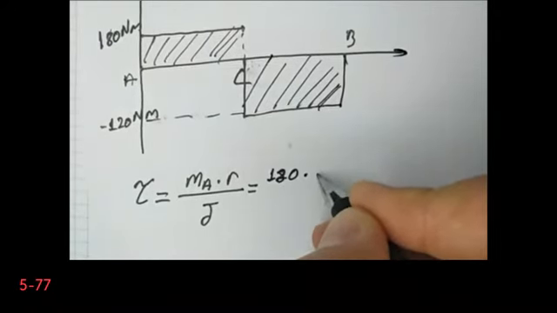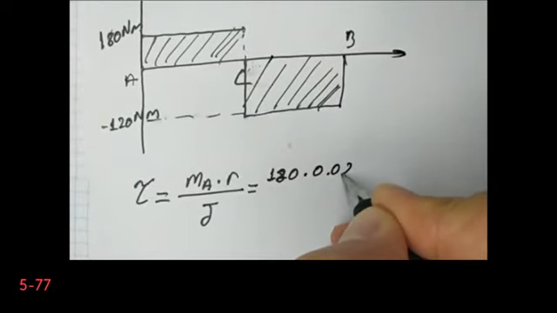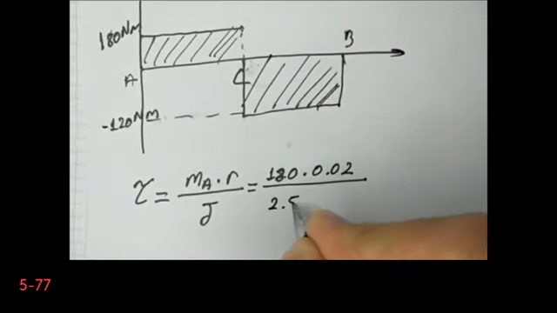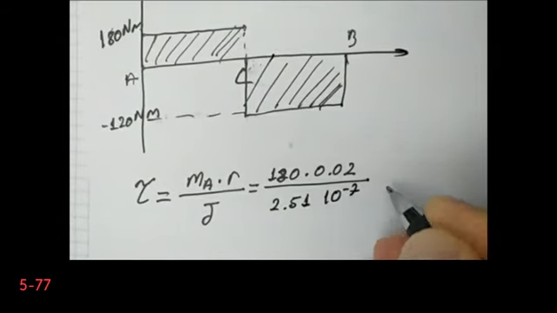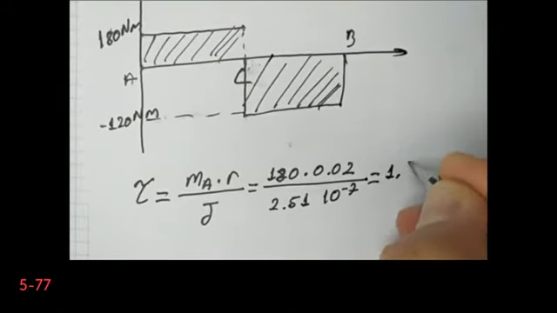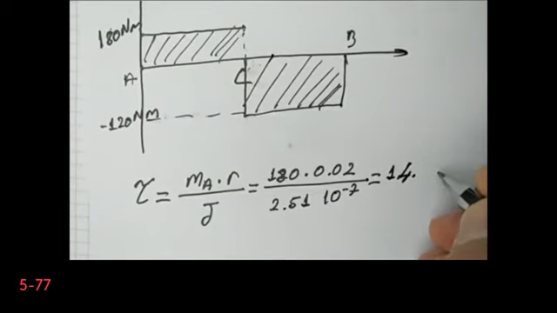Radius is 0.02 divided by J. J is 2.51 multiplied by 10 to the power minus 7, and the value that you are going to have is 14.32 megapascals.